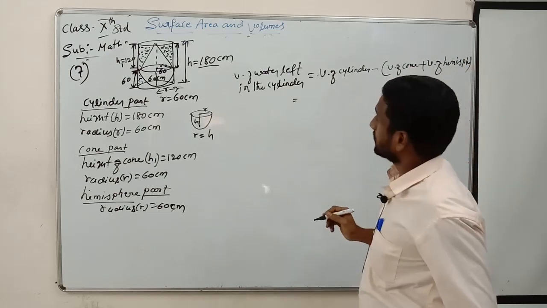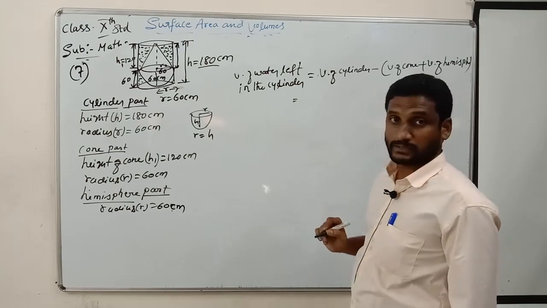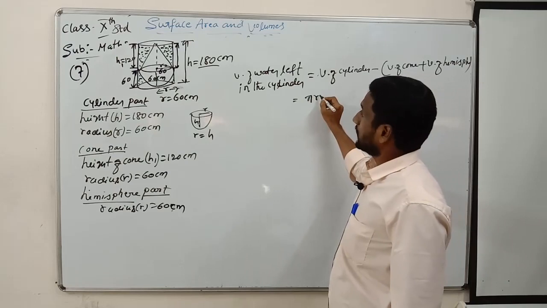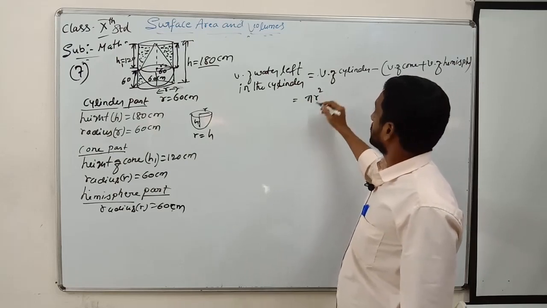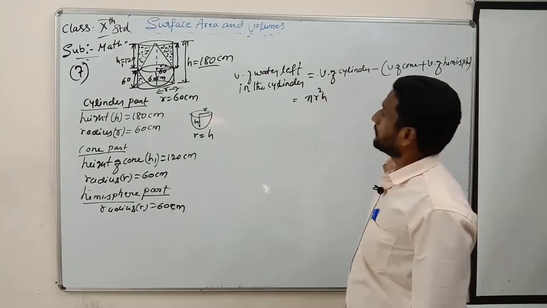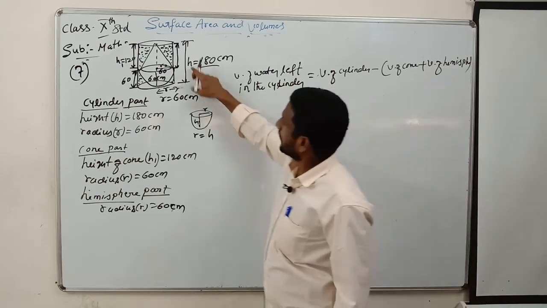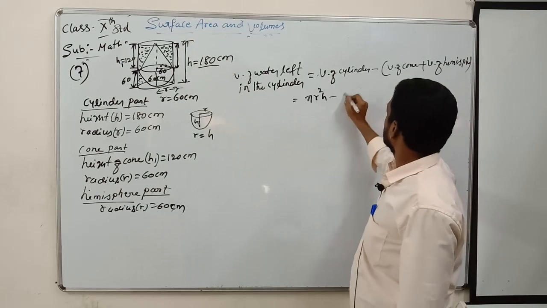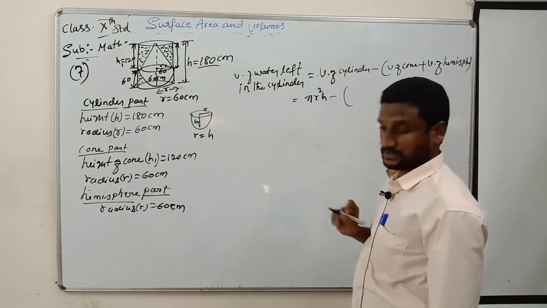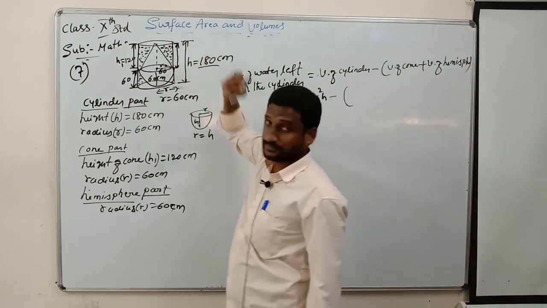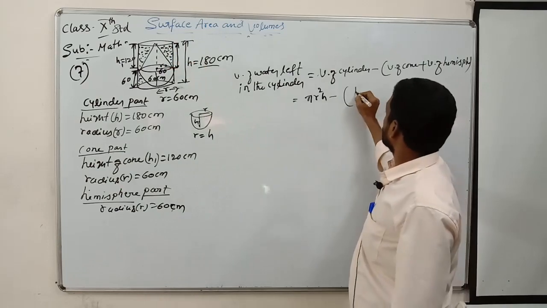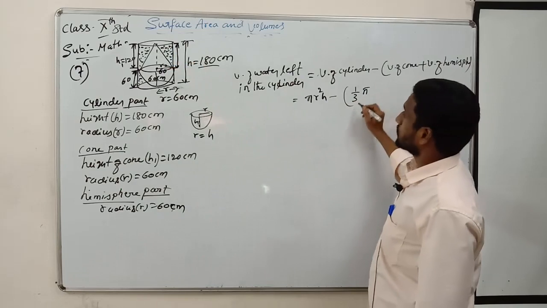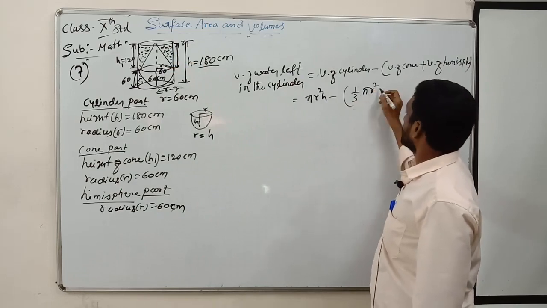What is the volume of the cylinder formula? Already so many times I have written it: pi r square h. H means the height of the cylinder. Minus the volume of the cone, 1 by 3 pi r square h.